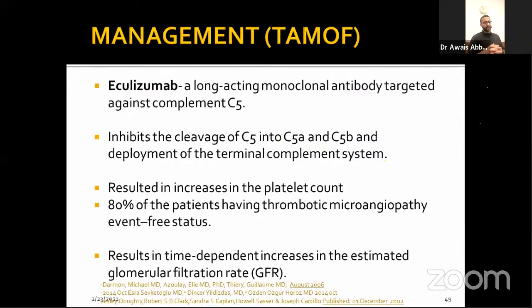The trials have shown encouraging results with eculizumab, with an increase in the platelet count, and almost 80% of the patients achieved thrombotic microangiopathy-free status. Almost 80%, this is a large number. The trial also resulted in a time-dependent increase in the estimated GFR of the patients as well.